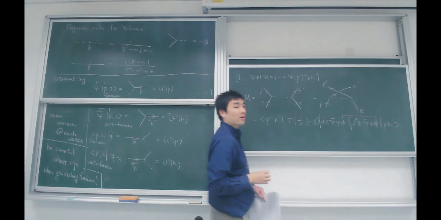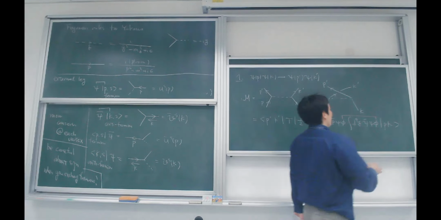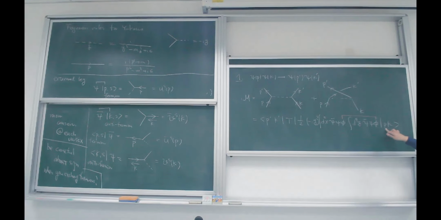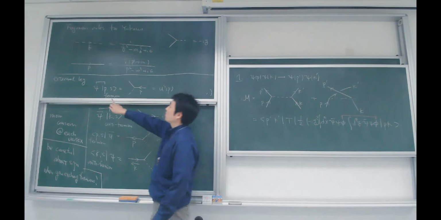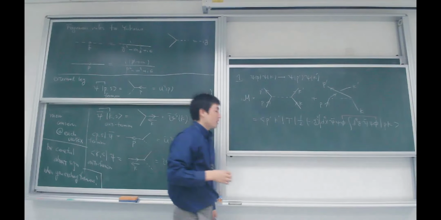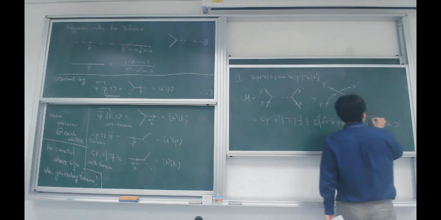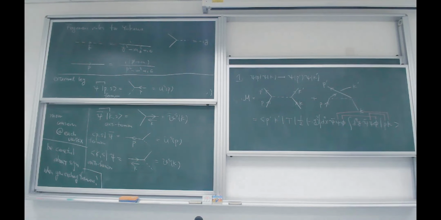That will give the propagator of this dotted line. So P is a fermion, therefore we need to contract psi of P and psi of K. That's what we need to do.